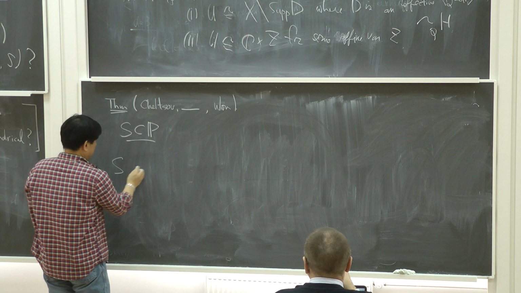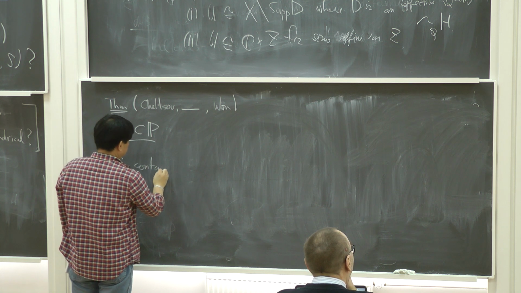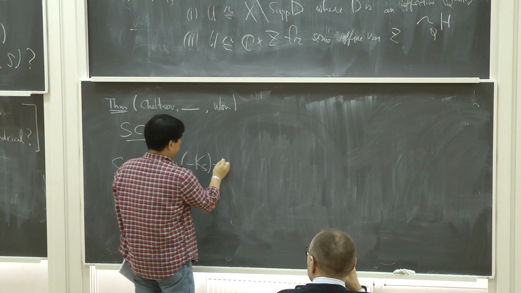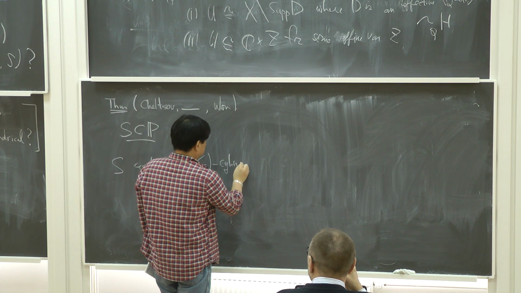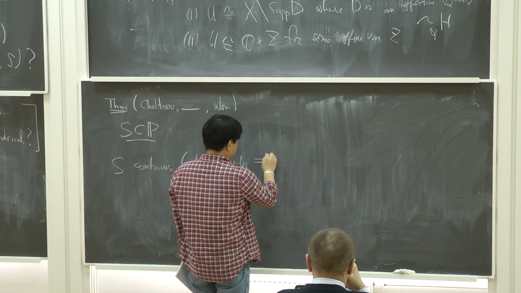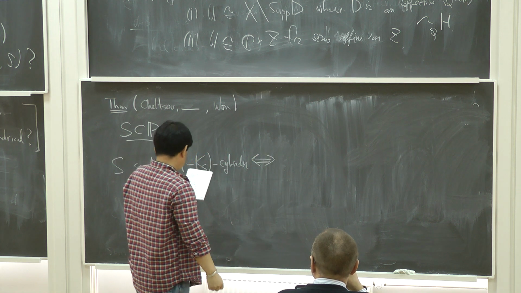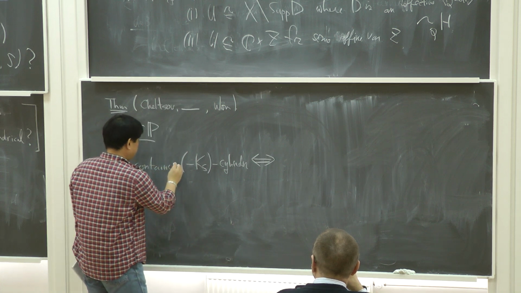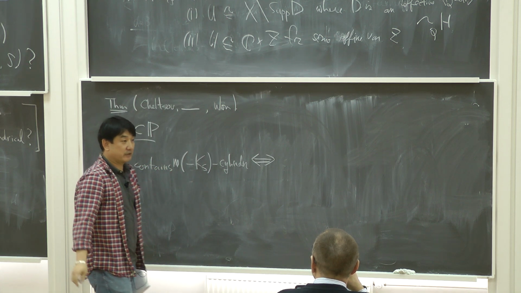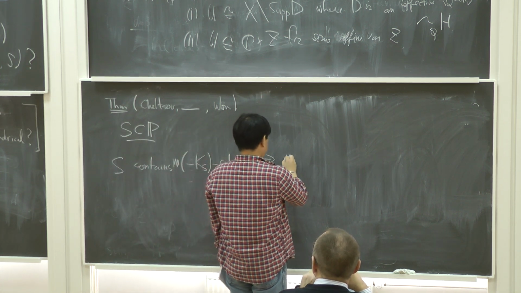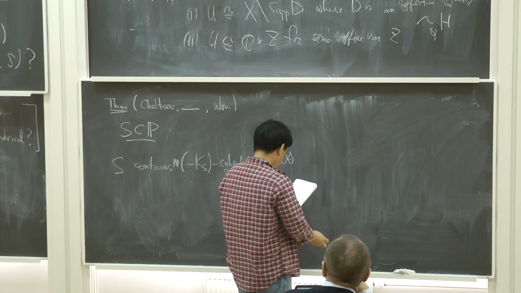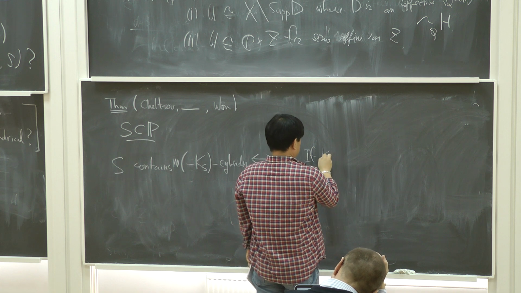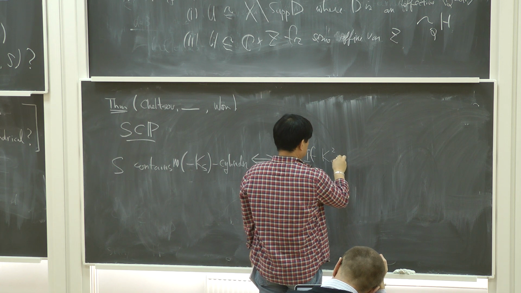So this S contains no anti-canonical cylinder if and only if the following conditions are satisfied.